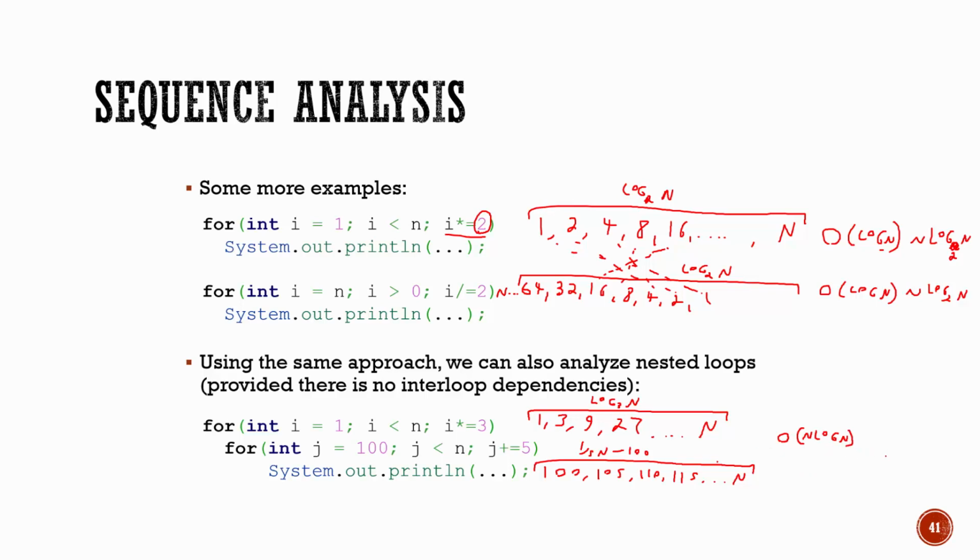I could also look at this in terms of tilde. For tilde, this is going to look like log base 3 of n times, I don't have much space here, but we'll try this, 1/5 n minus 100. That's the tilde of this.